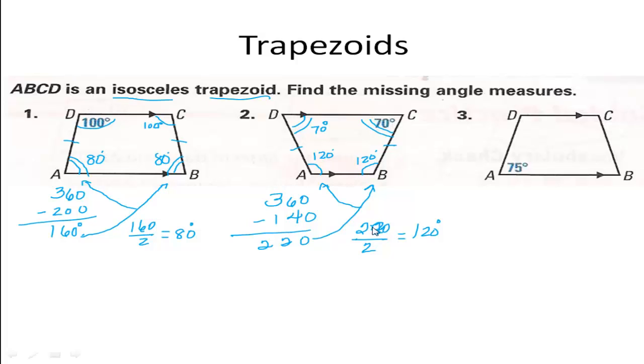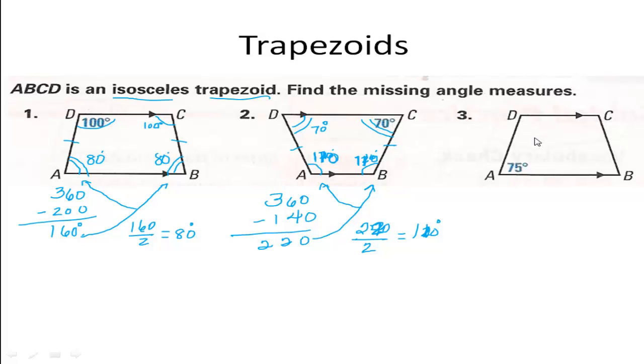It's 220 divided by 2, which is 110. So this is 110. I'm sorry about that. That's why it's good to always check, because I can go back and fix. Okay, let's do that again. 70 plus 70 is 140. 140 plus 110 is 250. And 250 plus 110 is 360.